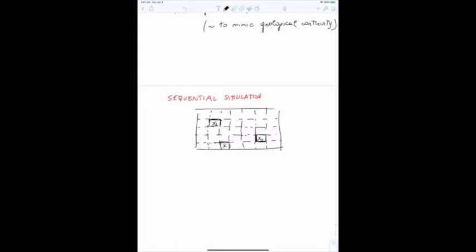So these are the locations where we have some direct measurements. And for now, let's assume that we don't have a secondary variable, but we are going to include that. So the idea is that we randomly visit a location in space, let's call it K, in the model space.